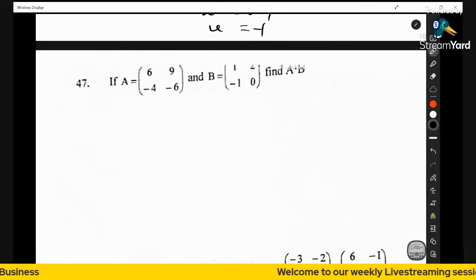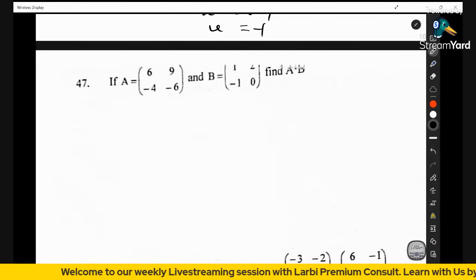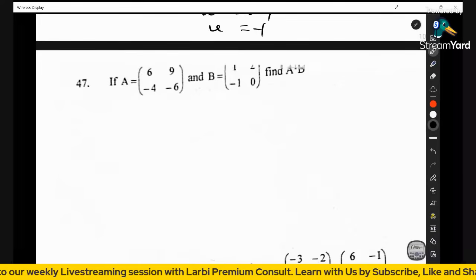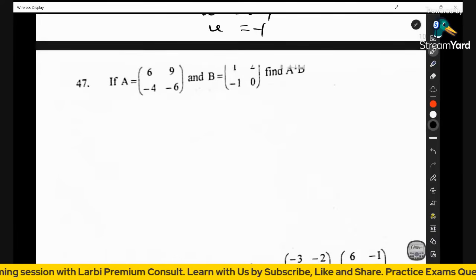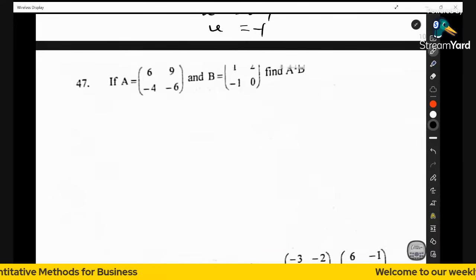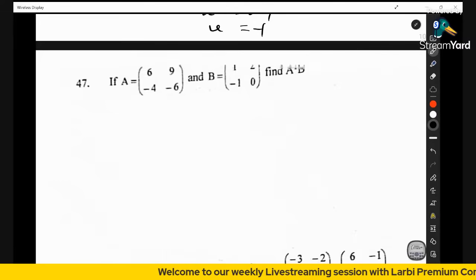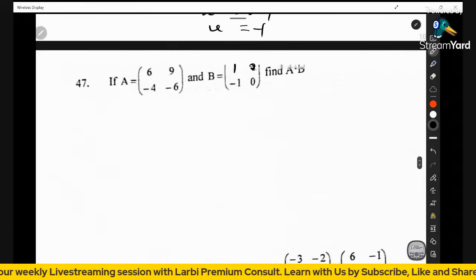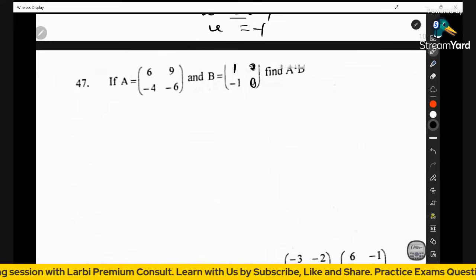So we're having 6, 9, negative 4, 6, and we're also having the B to be. Okay, let me check before we get it done. Since the B part is 1, 2, negative 1, 0. So here it is 1, 2, negative 1, 0.